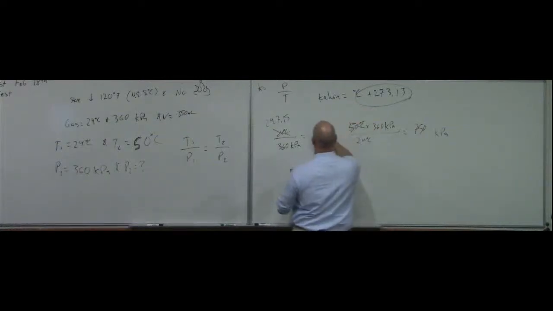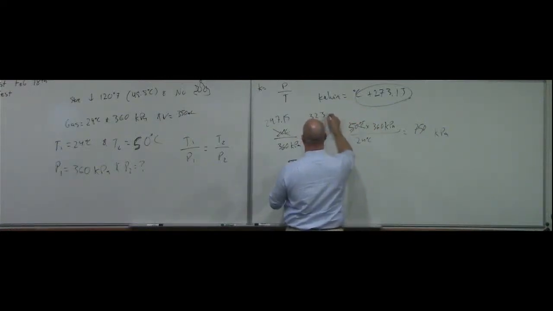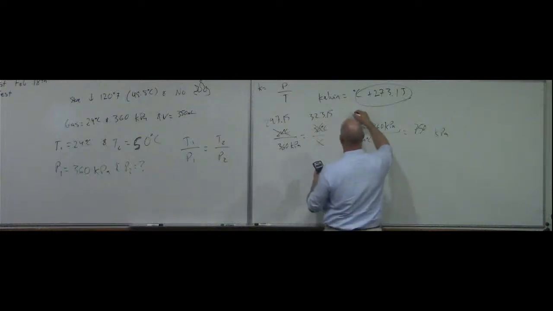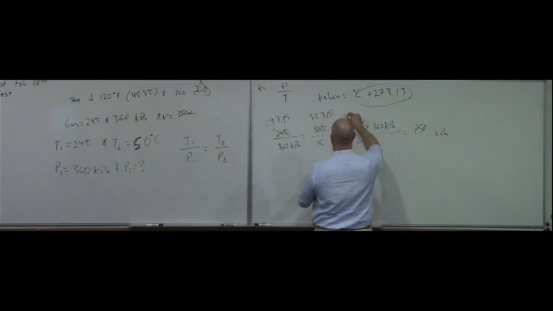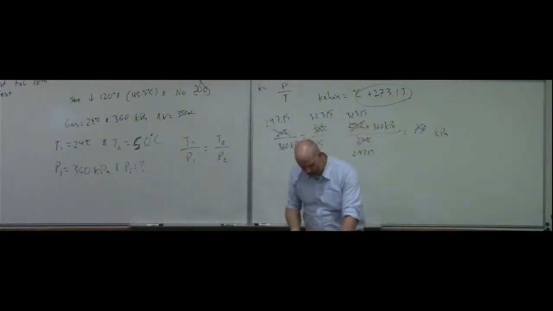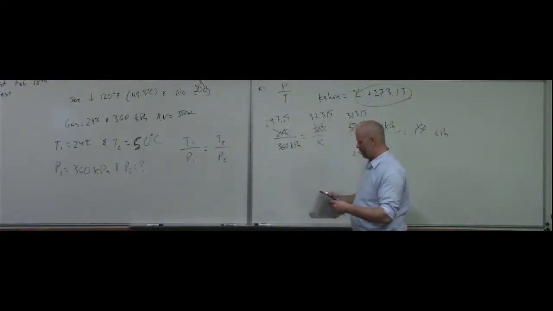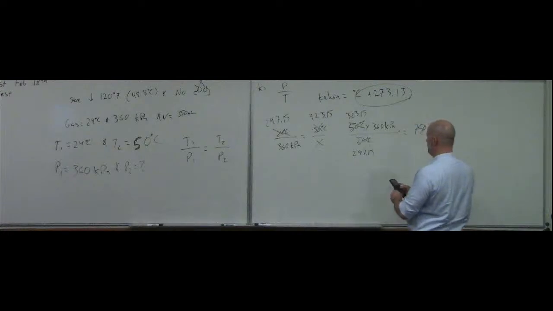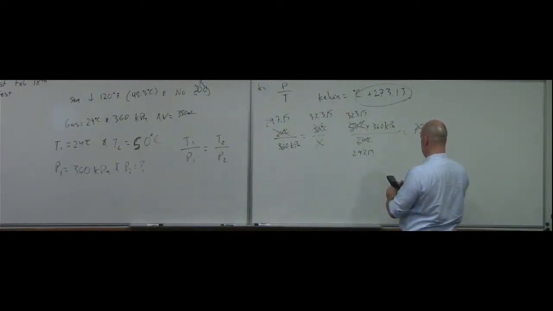323.15. So this becomes 323.15 over 297.15. All right, so go ahead and run that. 391.49.